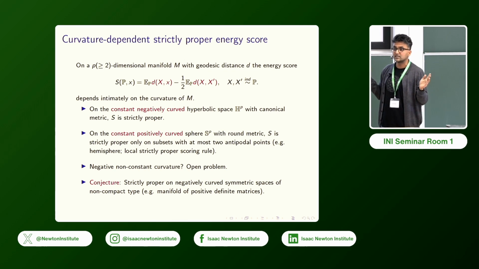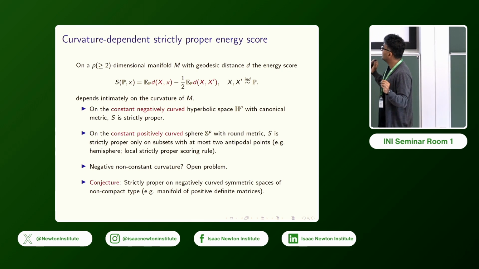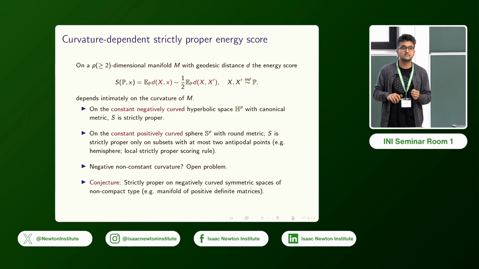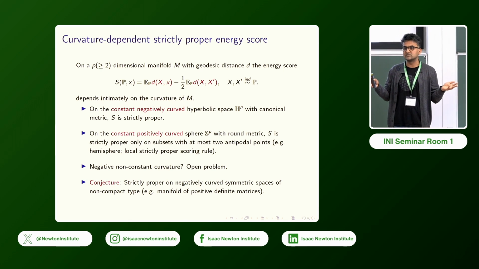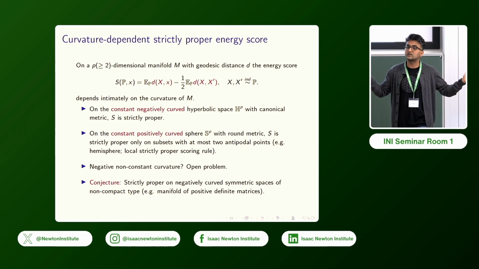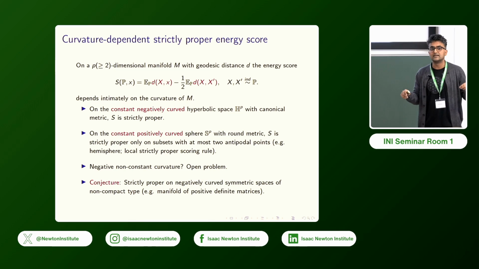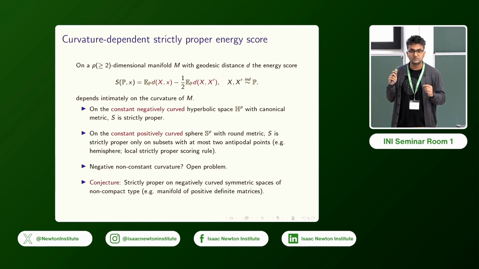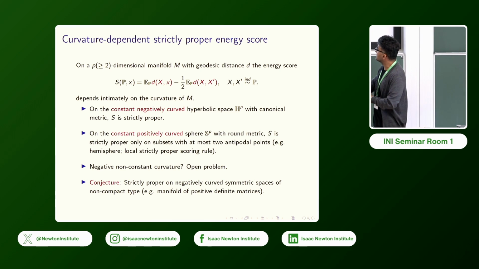I don't have a proof yet. An example which will be useful in this setting is positive definite matrices. If you have an affine invariant metric on this, then it's negatively curved everywhere. It's a symmetric space and might be true. So it's generally an open question.